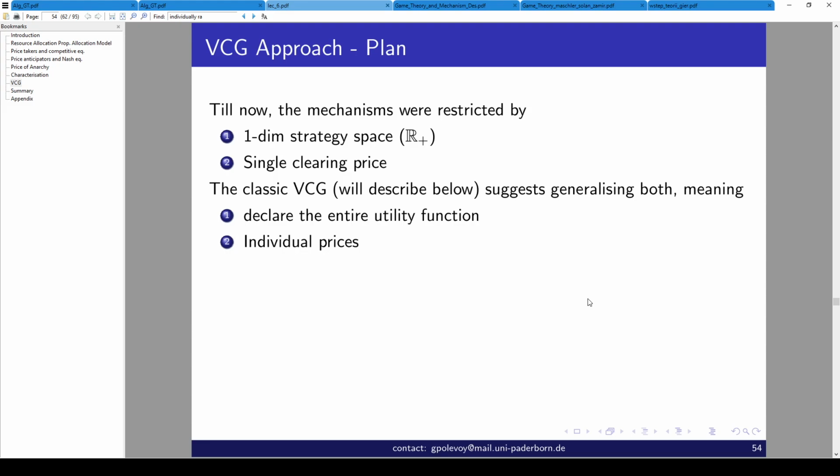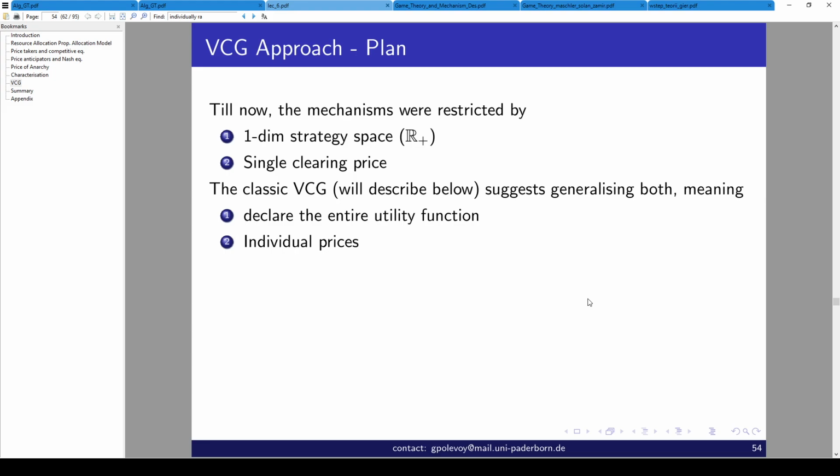But what it basically does is that it first needs the entire utility function to be communicated exactly, that you exactly tell how much you value each possible allocation, and that is not necessarily limited to one scalar.